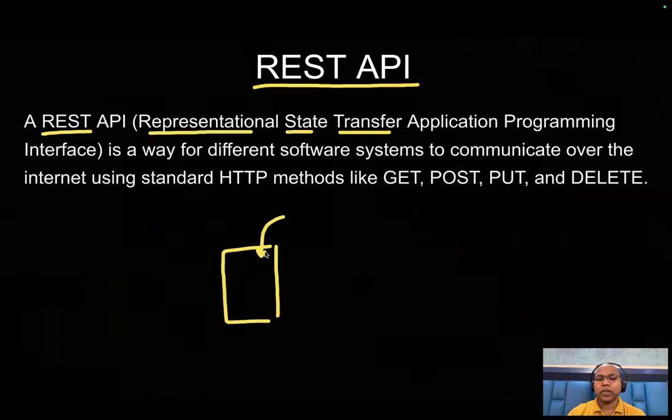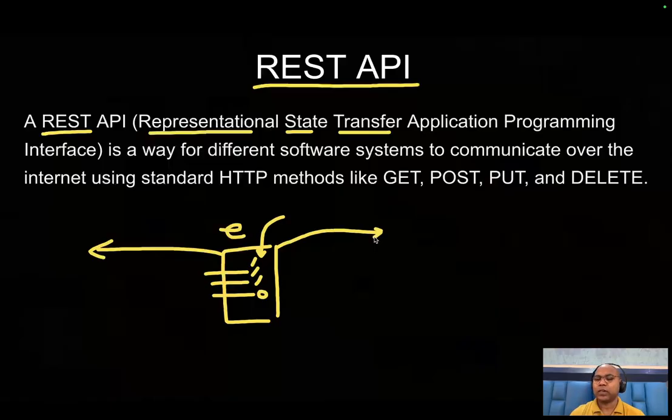What does state mean? For an employee, the state would be employee name, employee age, employee salary. So at a particular time, what is the age of the particular employee? Those are maybe one, two, three attributes. Generally those states can be transferred from front end to backend and backend to front end.